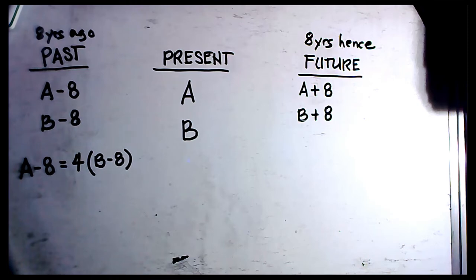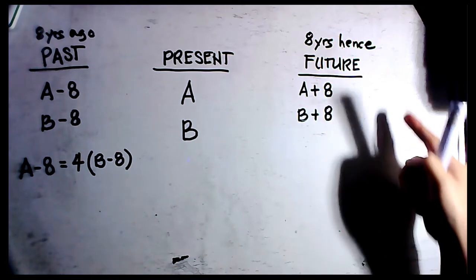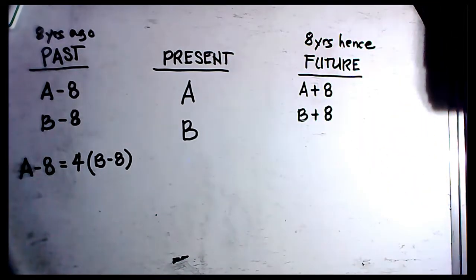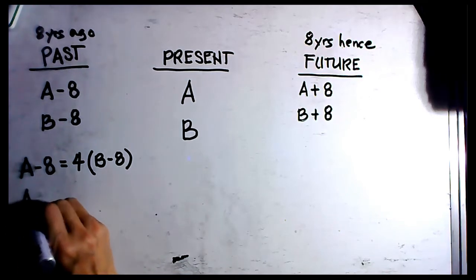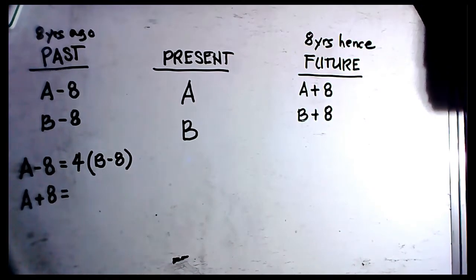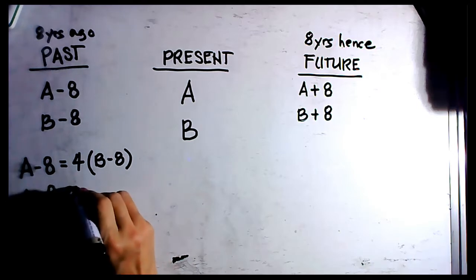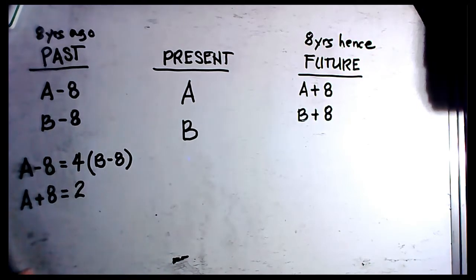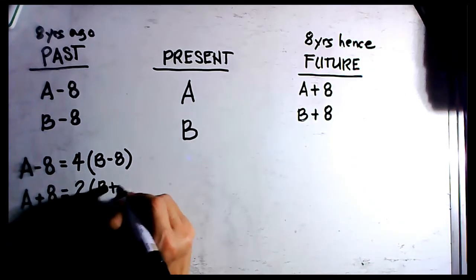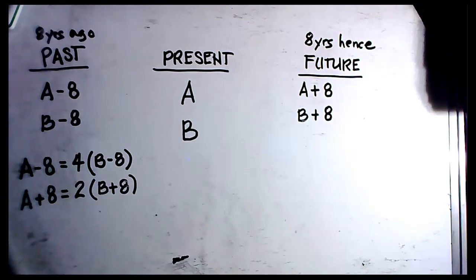And if A will be twice as old as B 8 years hence, looking at the representation for the future, the age of A 8 years hence is A plus 8, and it will be twice the age of B 8 years hence. So that would be 2 times B plus 8.